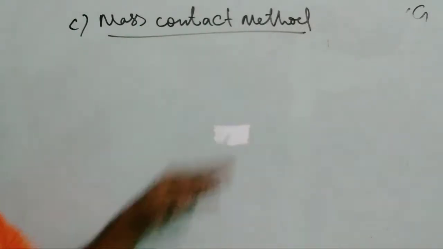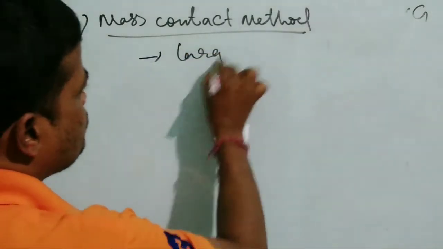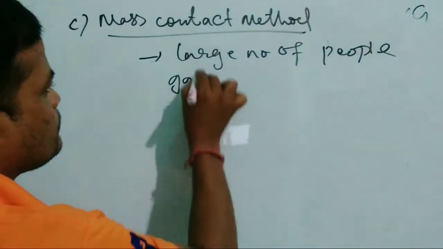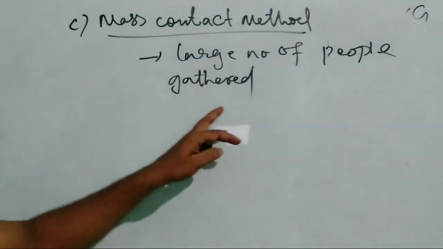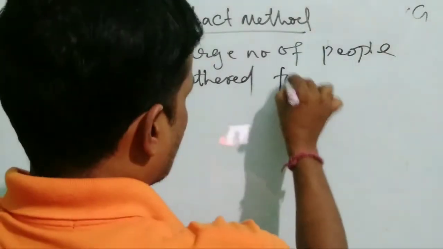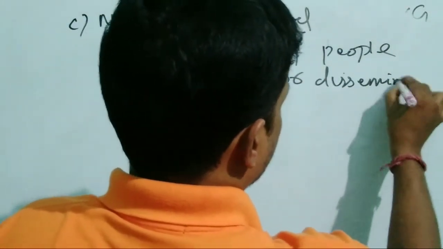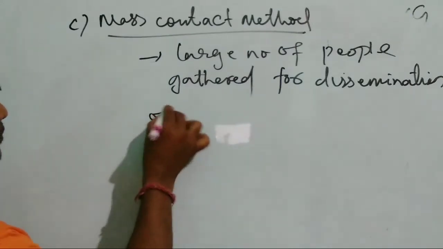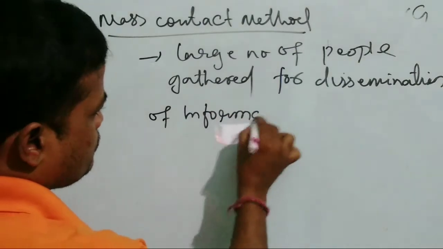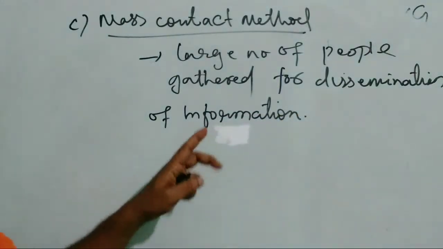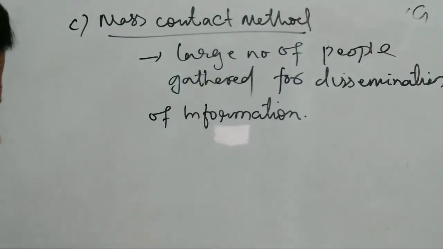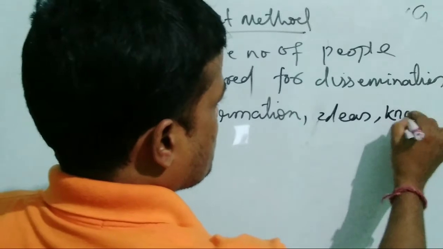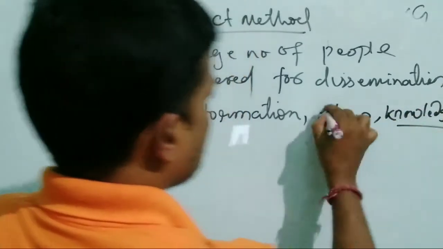In mass contact, a large number of people are gathered for the dissemination of information, ideas, and knowledge.